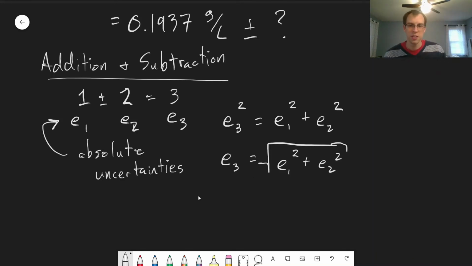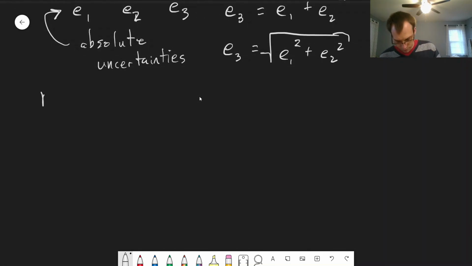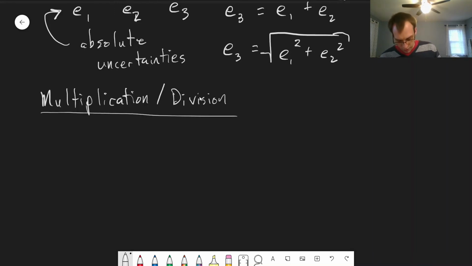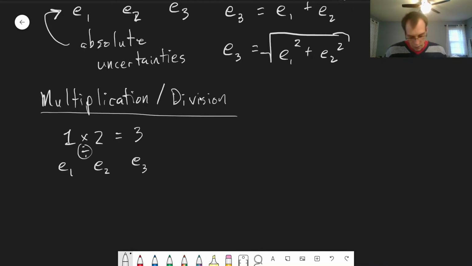For multiplication and division, it's similar, but with a significant difference. So it's still that we're going to square uncertainties and add them together, but if we have, say, value 1 times value 2 equals value 3, and this could be division as well, and each of these has an associated uncertainty, then the uncertainty in 3, and let me change these to A, B, and C, just so we're not getting confused.